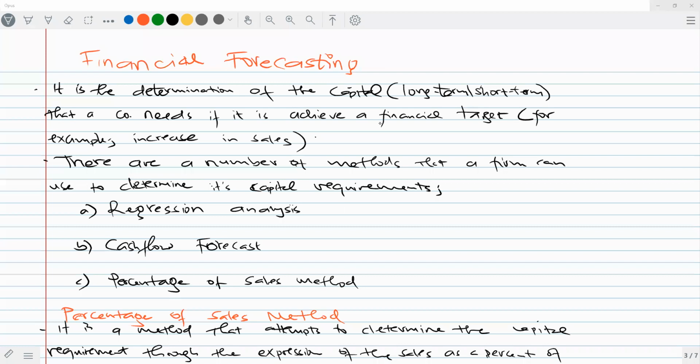The last time we met, we did an introduction to financial forecasting through the use of the percentage of sales method.